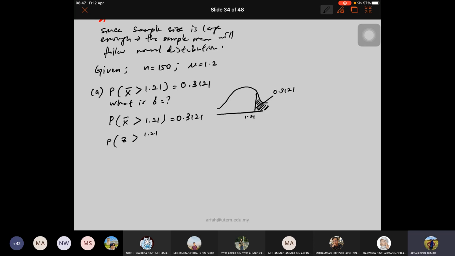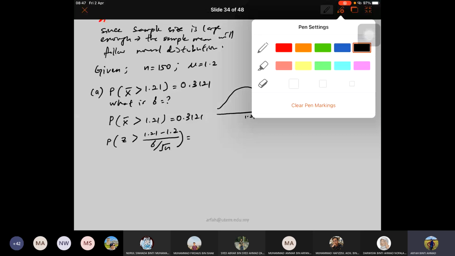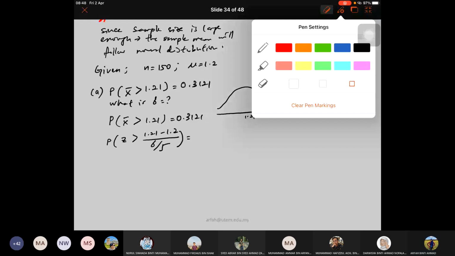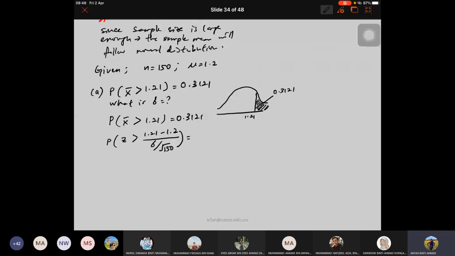Sigma over set 150 akan sama dengan 0.3121. So, kita nak dapatkan nilai sigma. So, katakan yang ini adalah Z2. Okay. So, kebarangkalian Z lebih besar daripada Z2 akan sama dengan?